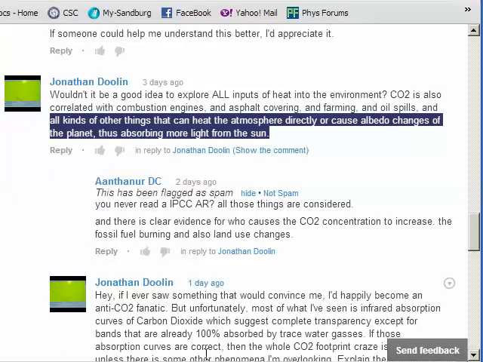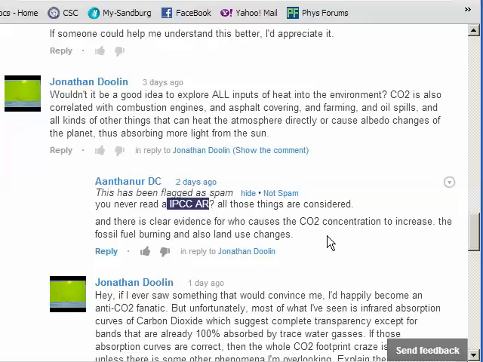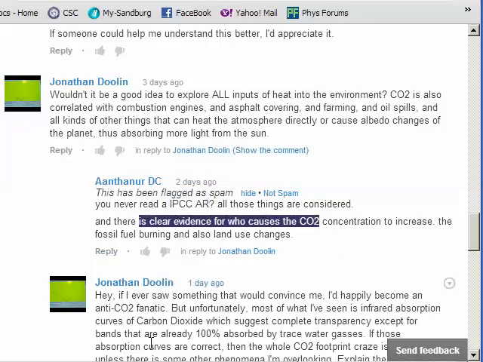As Anthony says, have I ever read the IPCC AR? All those things are considered. There's clear evidence for who causes the CO2 concentration to increase: fossil fuel burning, and also land use changes.